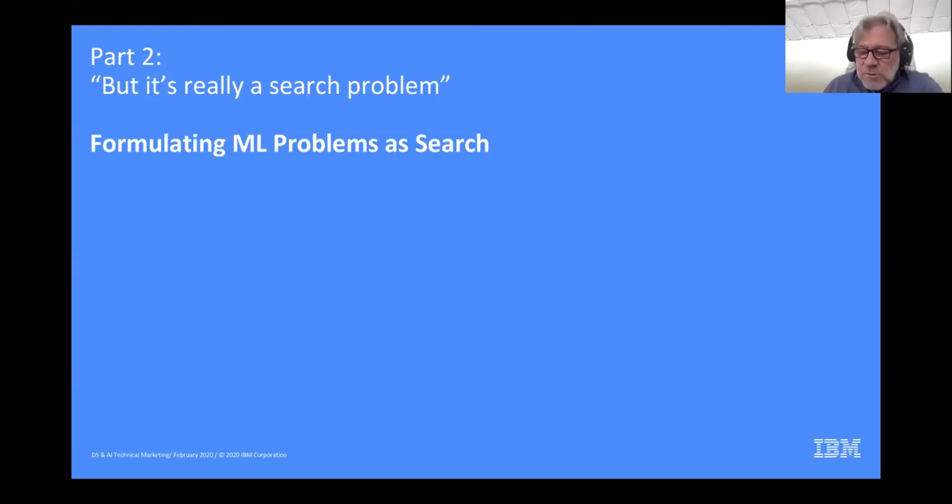Okay, so the idea is that we've talked a lot about search. We've talked a lot about trying to find the optimal hyperparameters to be able to optimize learners in a gradient. So in some ways, a lot of these machine learning problems can be described as search.